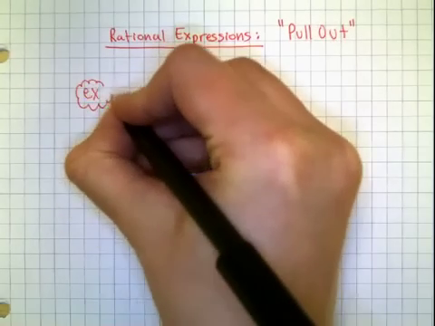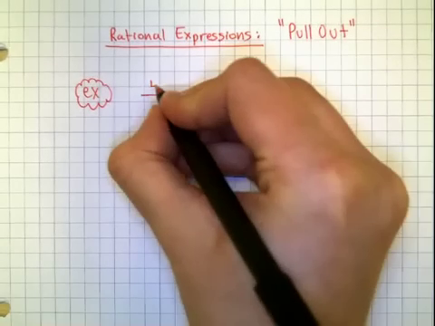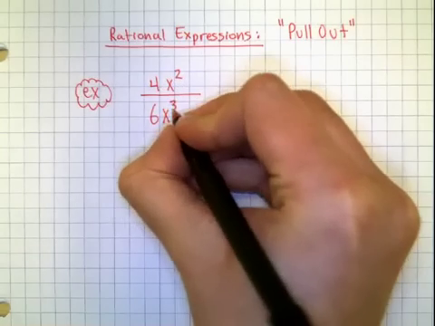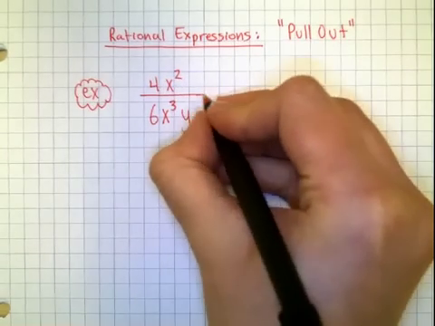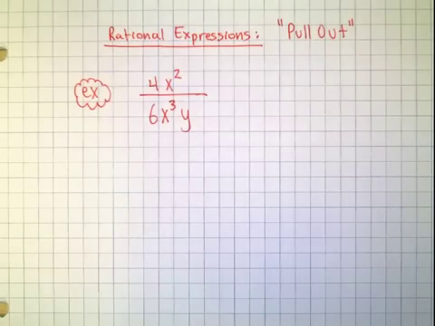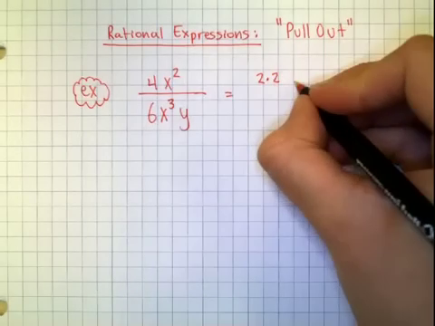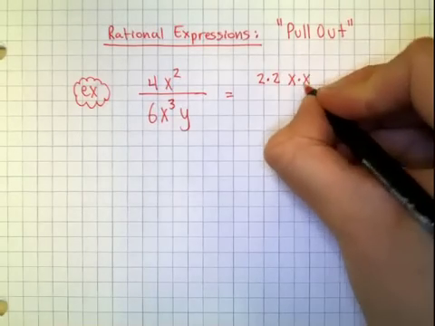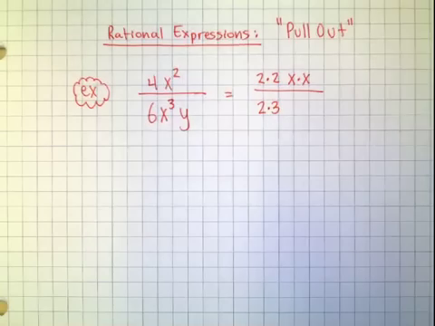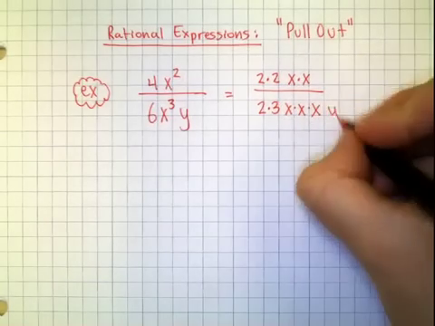Once you take a fraction, like let's do something like this, 4x squared over 6x to the third y, and you want to simplify it, it's really easy to break this down into parts. So 2 times 2 is 4, x times x is x squared, 2 times 3 is 6, x times x times x is x to the third, and we have that y.